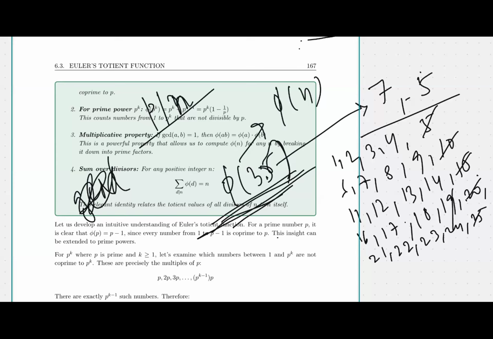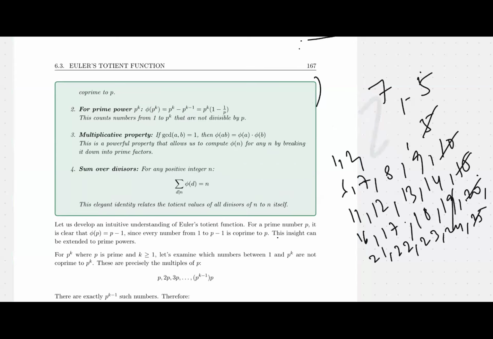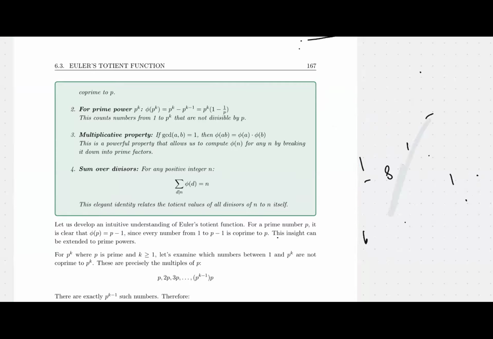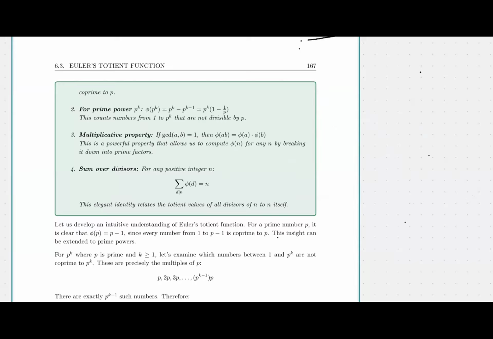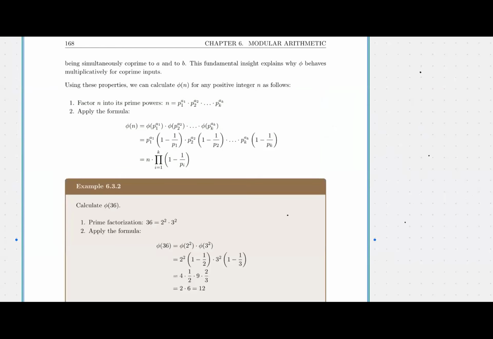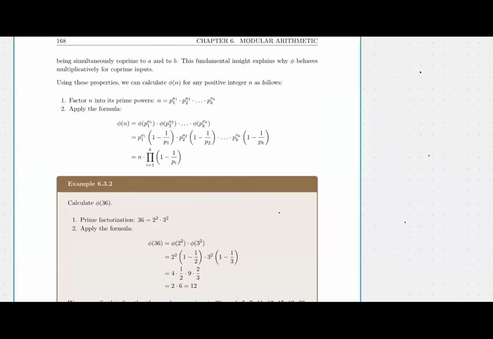So the idea is that, let's look at this, right? So for phi of n, this becomes the formula.